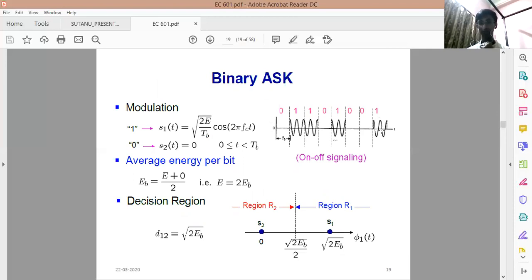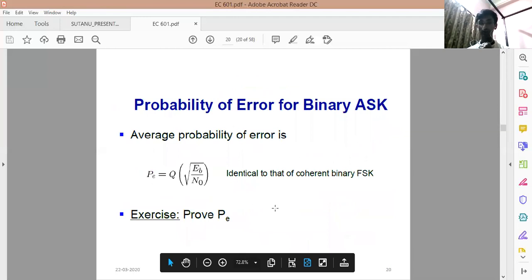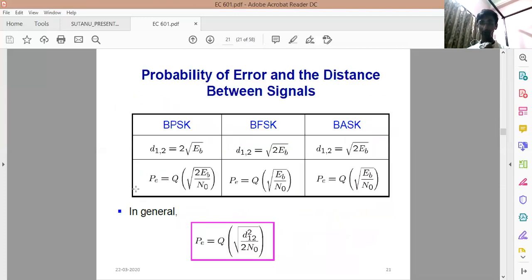There are some regions in between these 2 points. One region is related to presence and some is absent, and you will get some difference in between them. Probability of error may be discussed using this complementary Q function. After that, if you can compare it, everything is written over here, right?